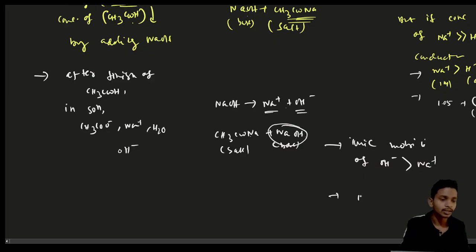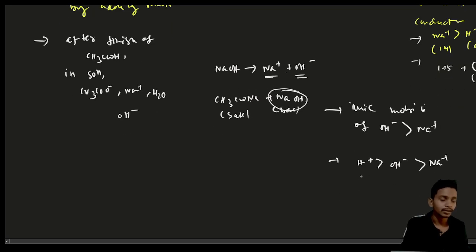Don't get confused with that. The H plus concentration is more than the OH minus and Na plus concentration, but here, earlier, I said that the conductance of H plus is greater than Na plus. Why? Because this concentration is very small, that's why I said the conductance of this is higher.